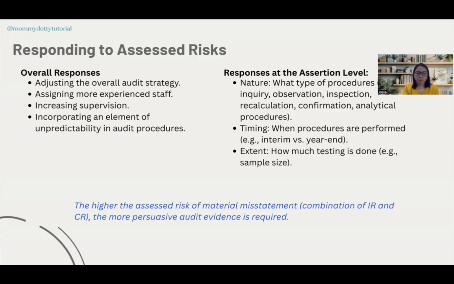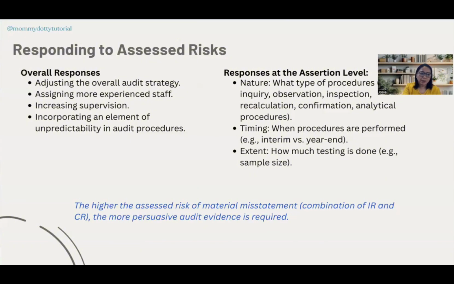That's a combination of all of this, no? So remember this key principle. The higher the assessed risk of material misstatement, the more persuasive audit evidence we need to gather. So again, the assessed risk of material misstatement is the combination of IR and CR.